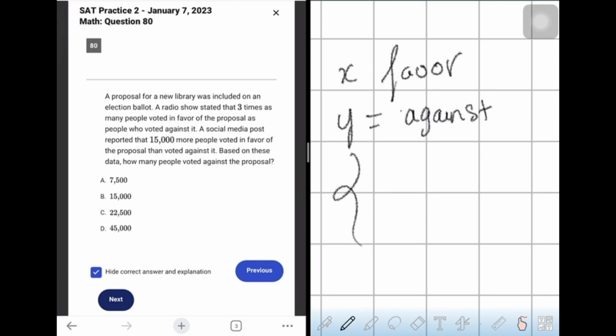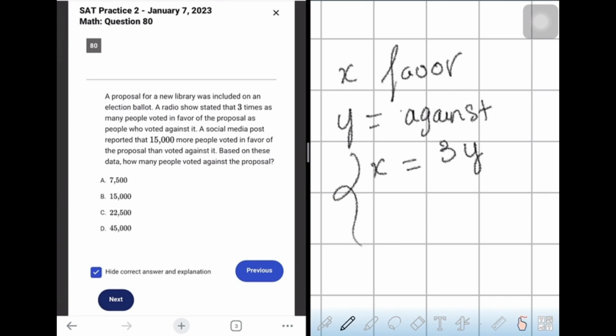Read the second sentence: 3 times as many people voted in favor of the proposal as people who voted against it. Okay, we will have x equal 3y.